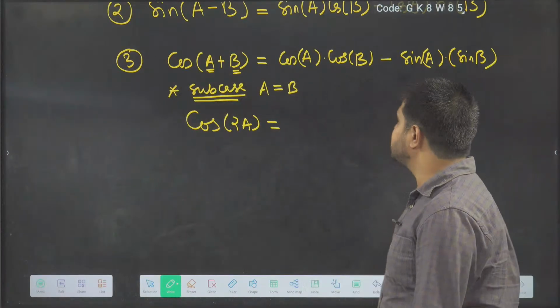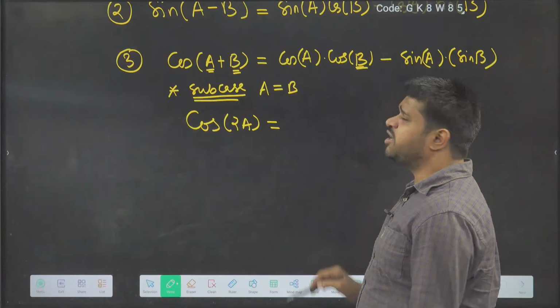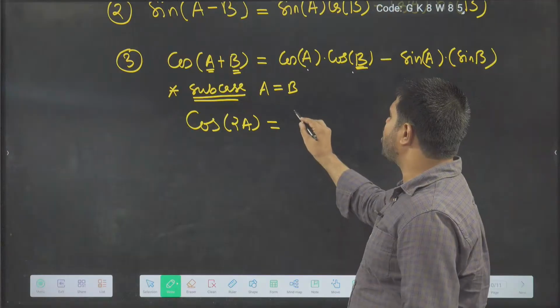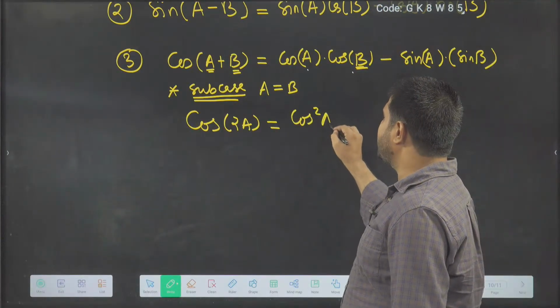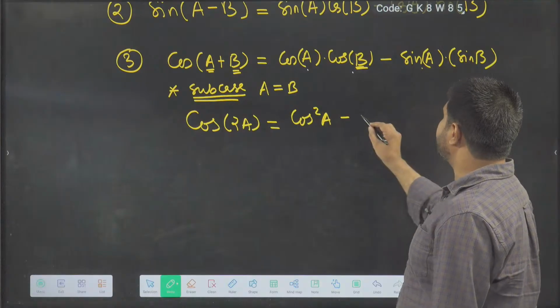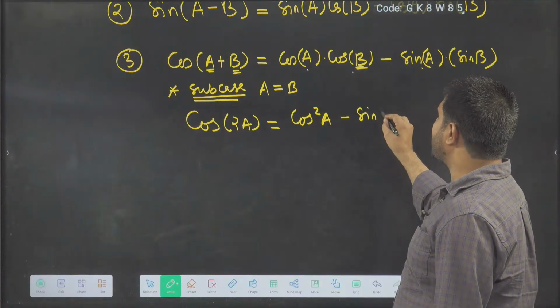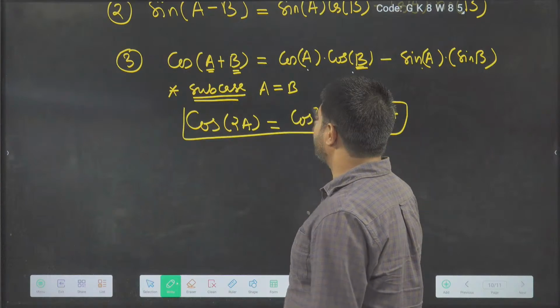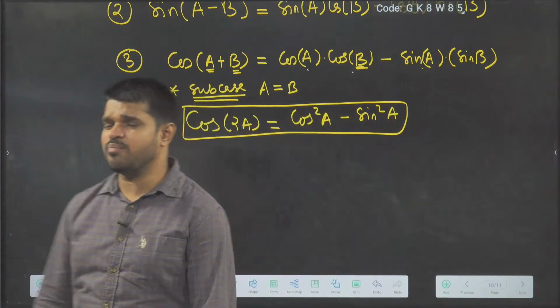See, understand. In the place of B, if you write A, cos A into cos A becomes cos square A. Minus sine A into sine A becomes sine square A. So this is one formula.